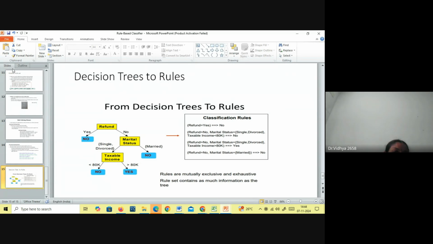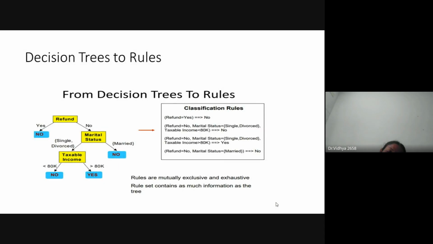So from this decision tree to rules, you can see that in this example we have refund. Obviously we will be deciding whether you have to refund something or keep it with you. If the refund condition is true, then no need to do anything.